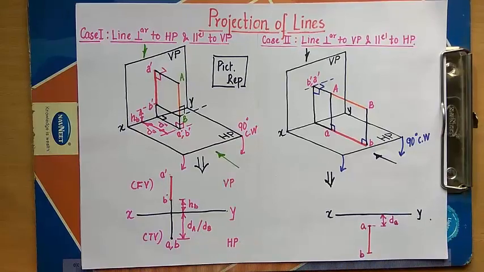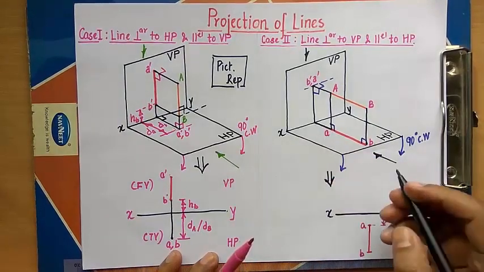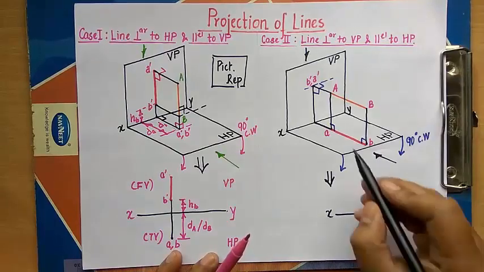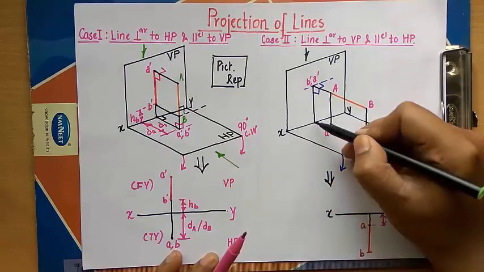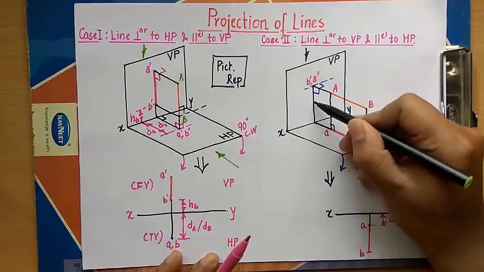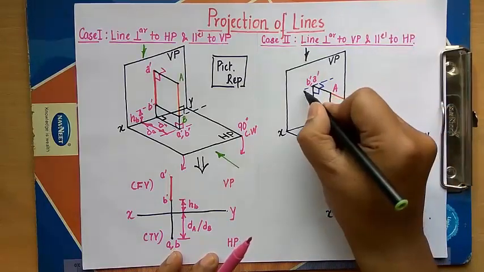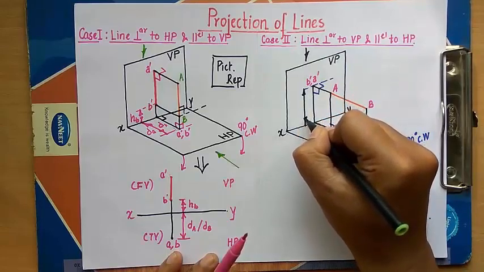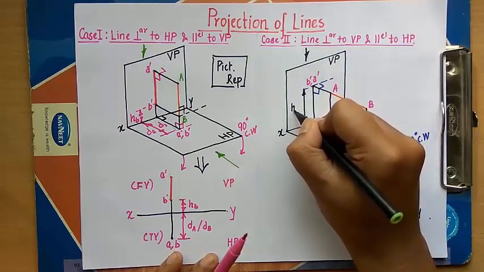At the same time, you see this line over here, I'm going to go upstairs until it intersects this XY line somewhere here, and then I'm going to go above. So this height has to be known. The line is in fact parallel to HP, but at what height does it lie? So this is HA.